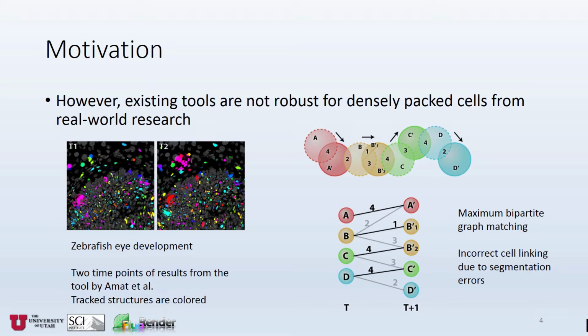The solution of the cell tracking problem becomes finding the matching that maximizes the edge weights. This method is not robust because segmentation errors can influence the matching results. Here, cell B is over-segmented. The result from maximum matching not only mismatched B'2, which is part of B', but also got the tracking wrong for C and D.